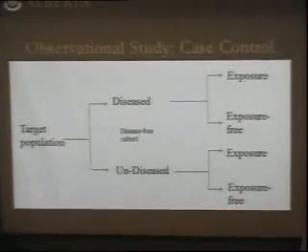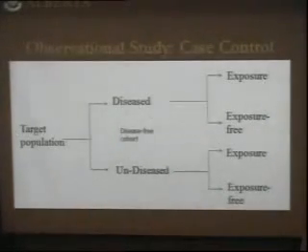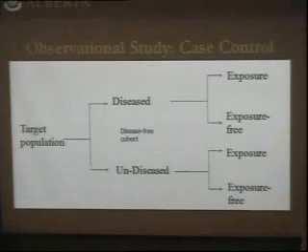So a few years ago, probably almost actually 15 years ago, there was a big controversy. Does vitamin K given at the time of birth lead to an increased risk of cancer? And what people did is that they found children with cancer up to 7 years of age, and they found children without cancer, and they matched them so that they were the same gender, the same age, and born at the same hospital.